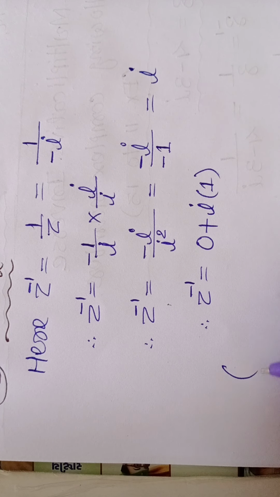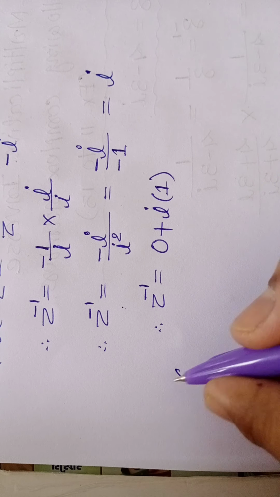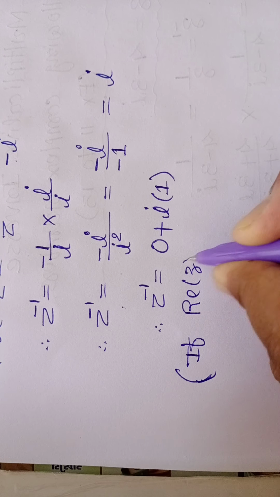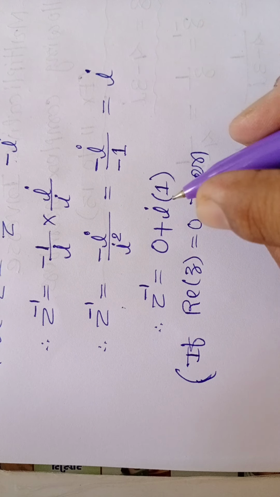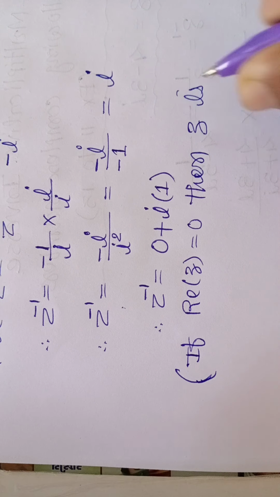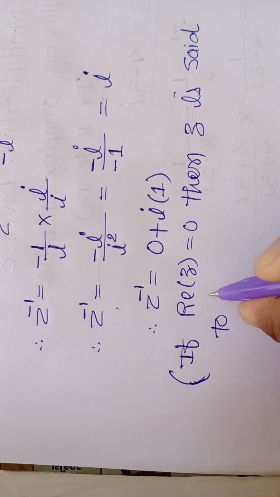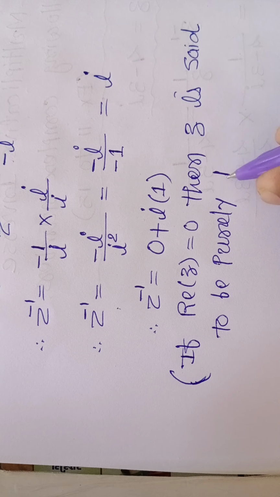So this is the kind of complex number where the real part is 0. I just write a remark for you: if the real part of z is 0, then z, or a complex number, is said to be a purely imaginary number.